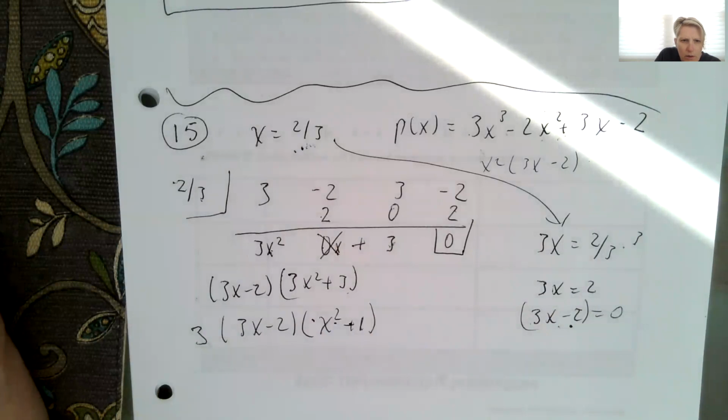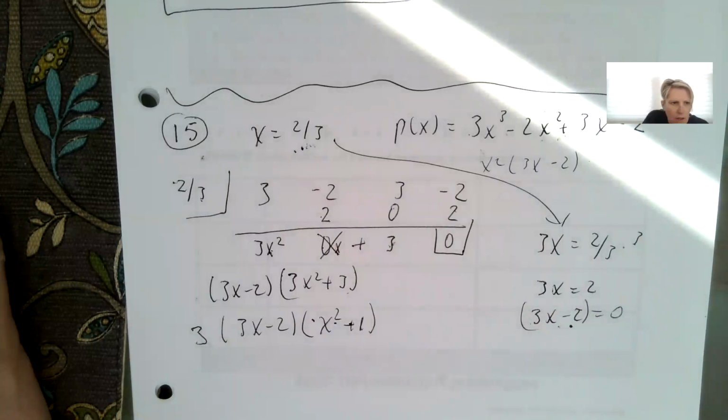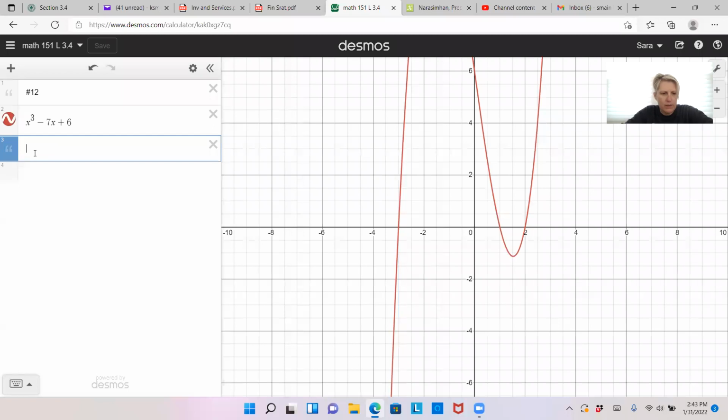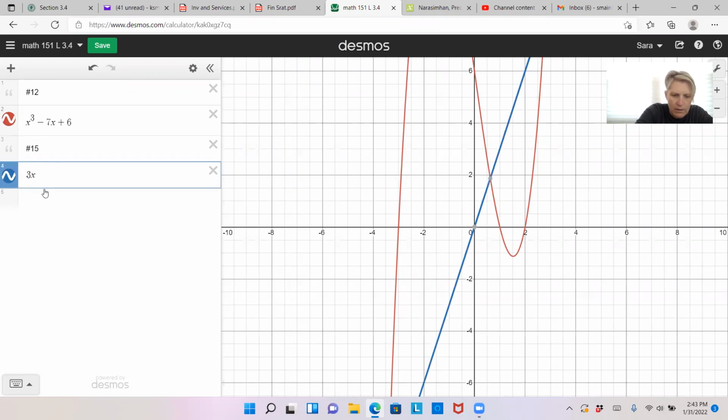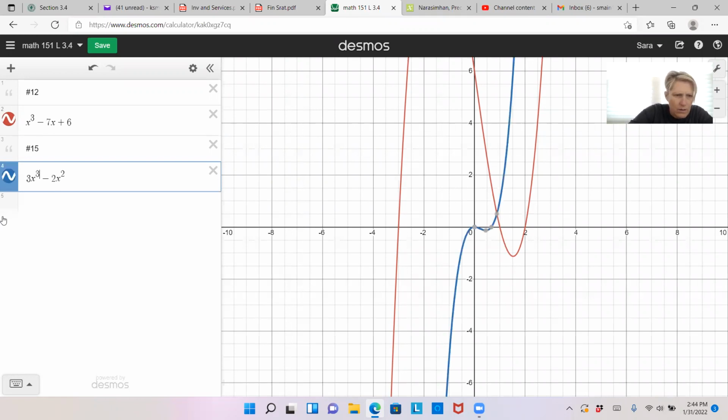Let's go to decimals and just check our work here. Number 15. And so let's look at our original 3x cubed minus 2x squared, plus 3x minus 2.